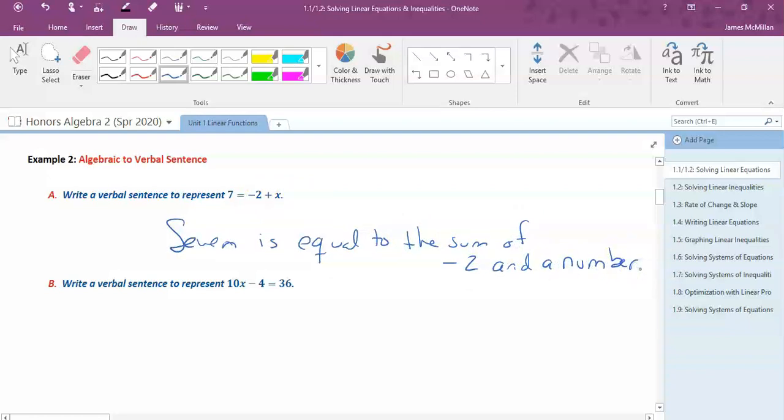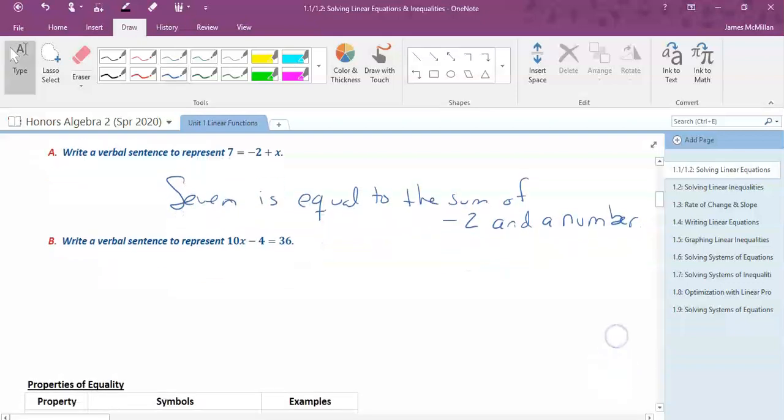Now, when we translate from algebraic to verbal, you will see some differences in what other students write. So again, some people might say the sum of negative 2 and a number. Others might say negative 2 plus a number. But again, order matters, operations matter, but we do have some play in what terms that we use to get there.